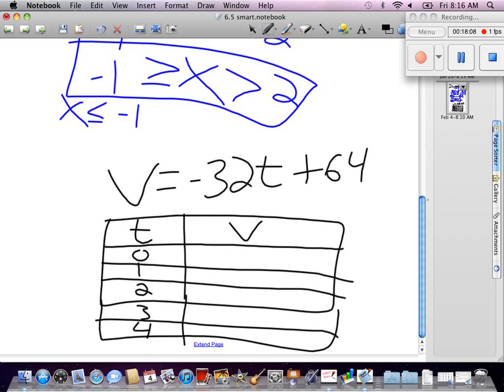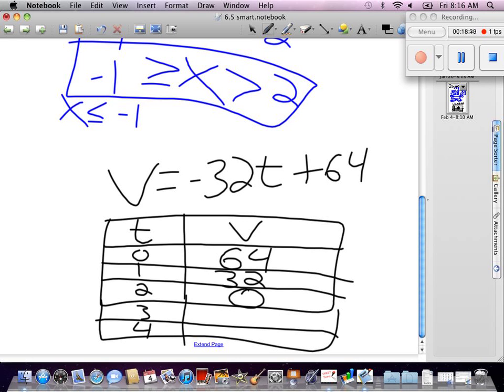When you multiply -32 times 0 and then add 64 to it, what do you get? 64. 0 plus 64 is 64. Now if you take -32 times 1 plus 64, you're going to get 32. -32 times 2 plus 64 gives you 0.